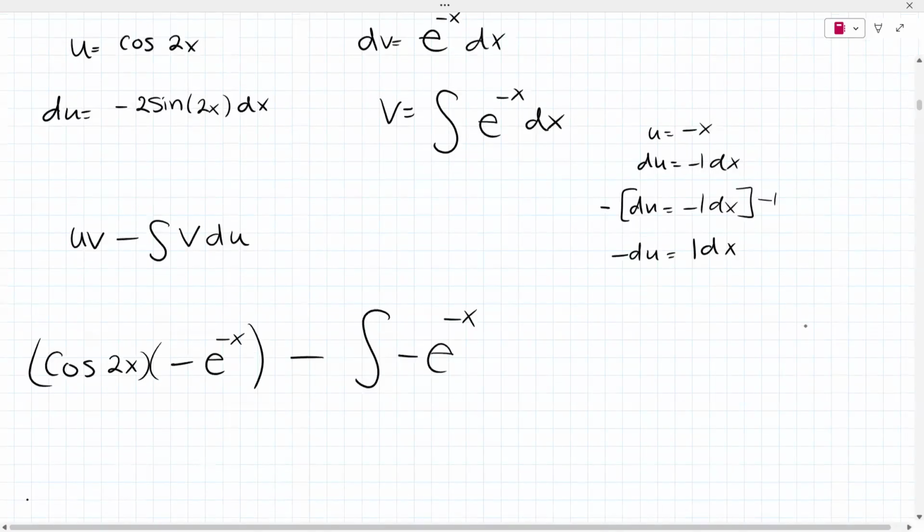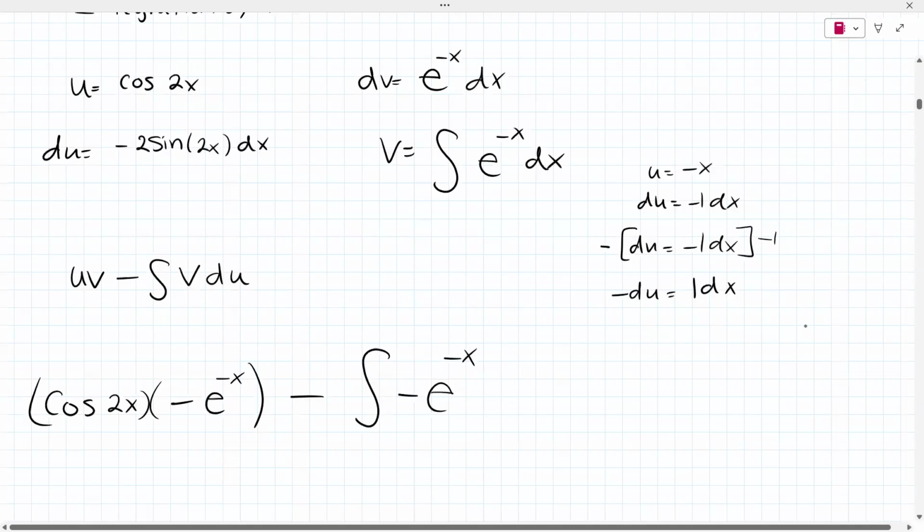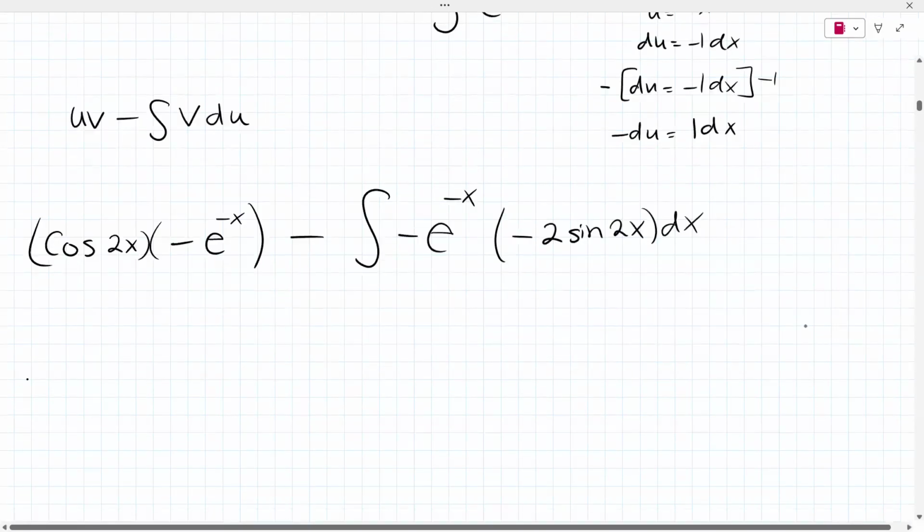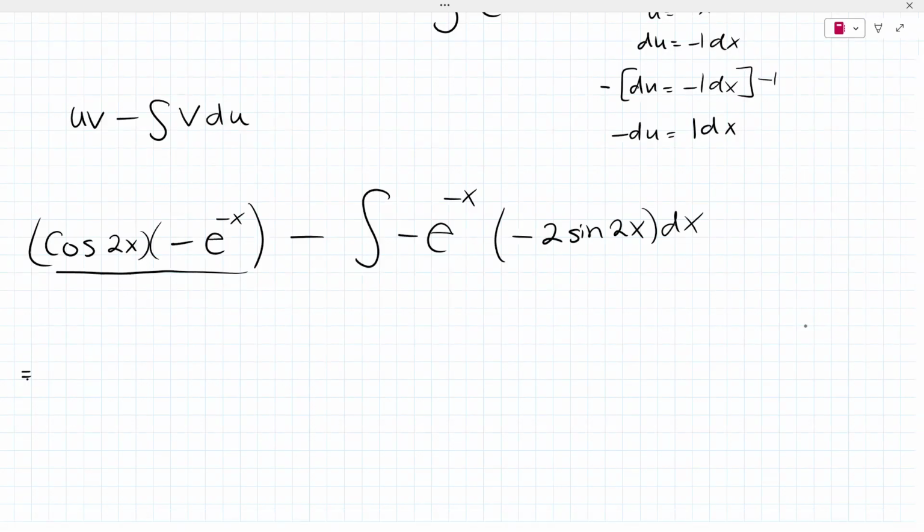And then my du is -2 sine of 2x times dx. Okay. Over here, this is not too bad. You could put the negative e to the negative x in front.